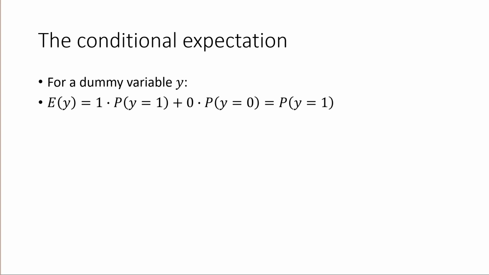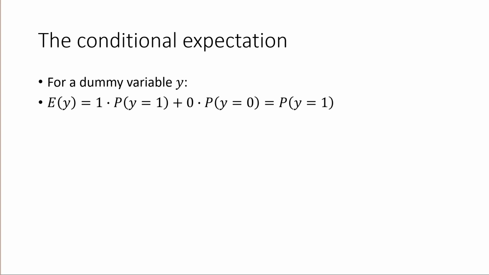The expected value is the sum of x_i times f of x_i. In this case, the second term disappears because of the 0 times, and we see that the expected value of a dummy variable is exactly equal to the probability that it's equal to 1.